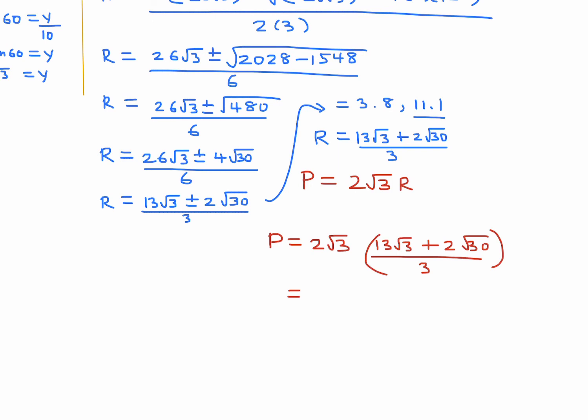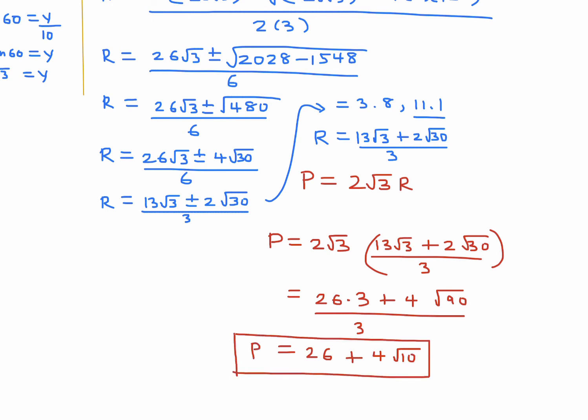And when you multiply that, you get 26 times 3 plus 4 times root 90, all over 3. And this looks like 26 plus 4 root 10 when you simplify.